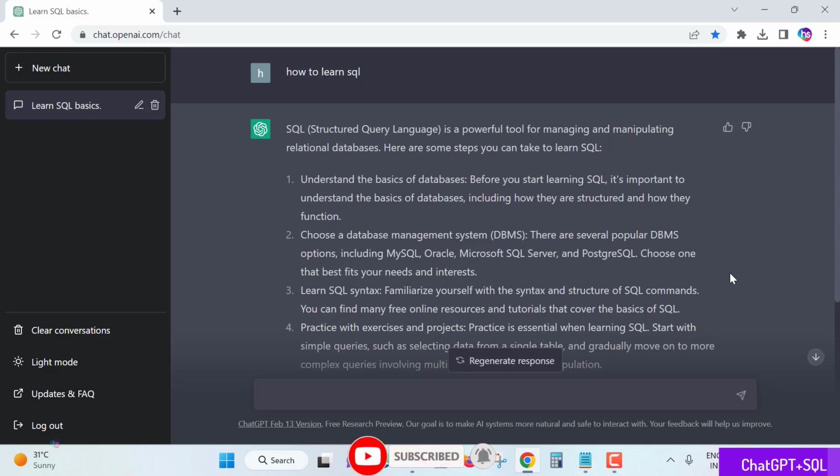ChatGPT is that AI tool where we ask questions and get really awesome information. So here: understand the basics of databases before you start learning SQL. Before starting SQL, you need to understand what a database is, how it is structured and how it functions. You should also learn the purpose of the database, and where and why we need to use it.